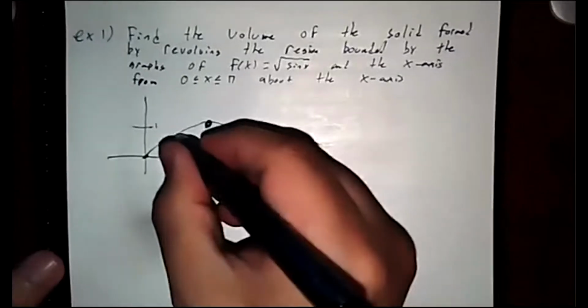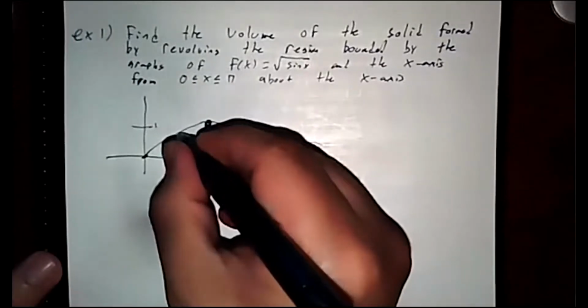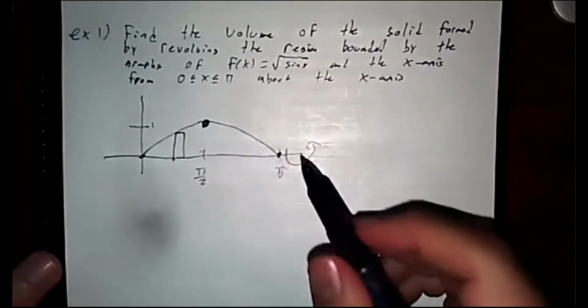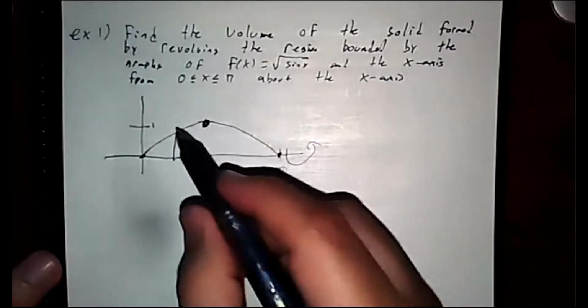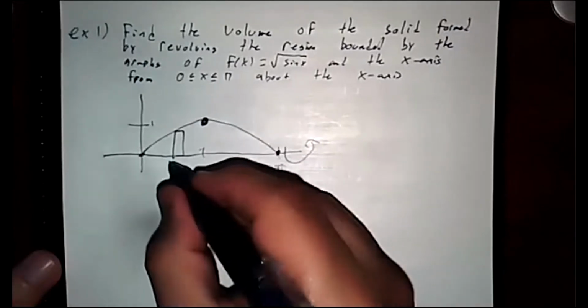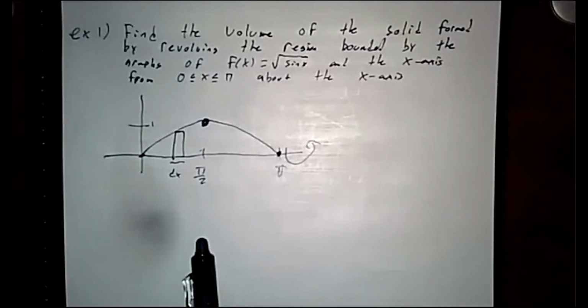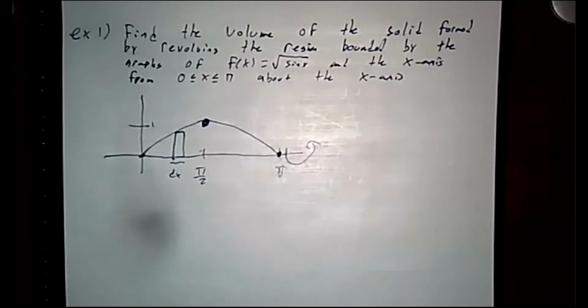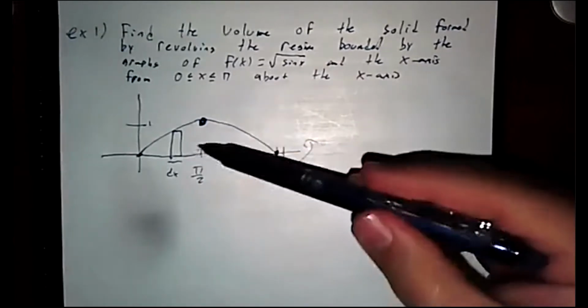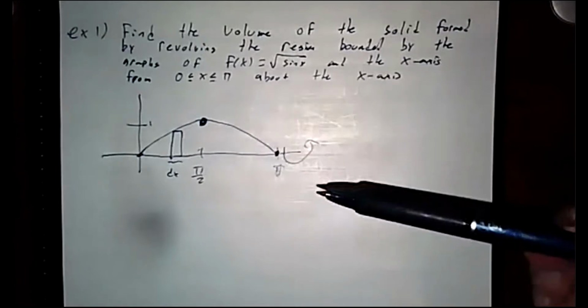So you draw your rectangle. Since I am rotating on the x, my slice needs to be perpendicular: dx. That makes sense? So this determines the slice. The slice determines dx.